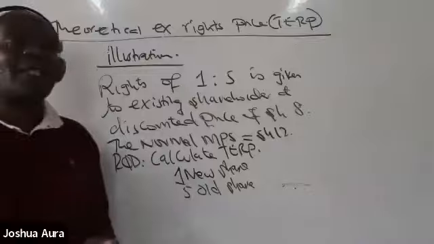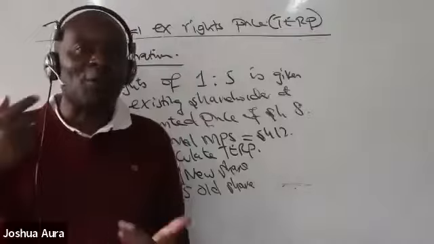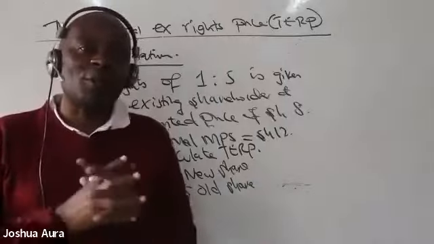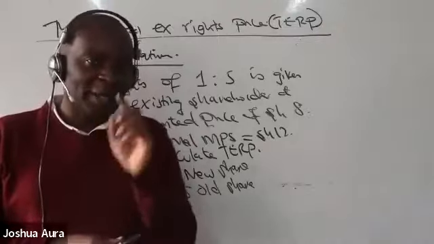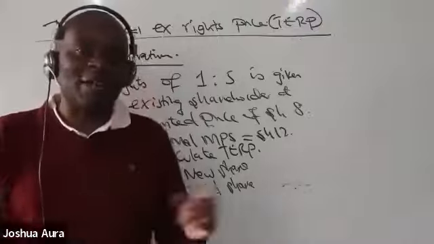Can it happen that we have a company that gives more new shares as compared to old? No, then you will dilute everything. It's not possible. The lower figure must always be the new. We are issuing 1 new. For every 5 shares that you have, we give you 1. It cannot be the other way around.